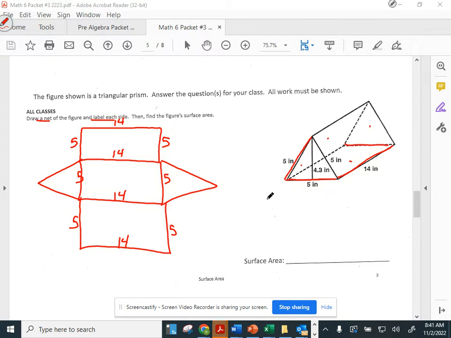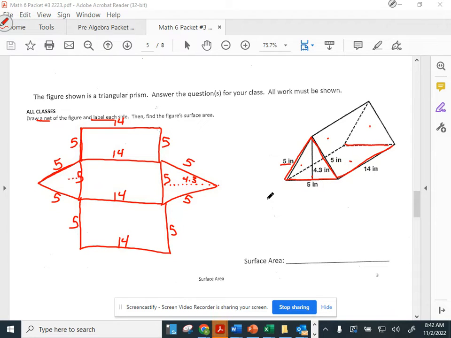And I can see the sides of my triangle are also 5 inches, because when I fold up this side to this side, they need to be the same height. So those are both 5 inches. And then I know my height to my triangle is that 4.3.